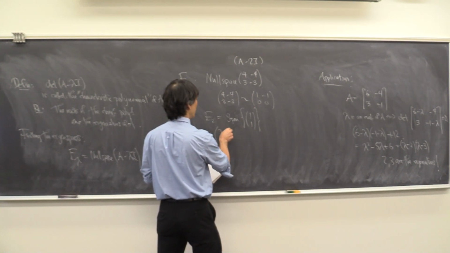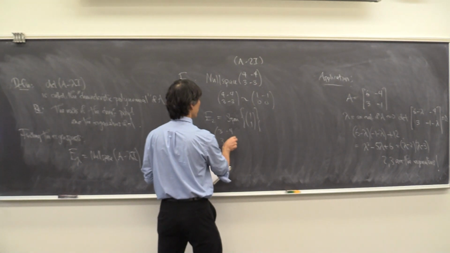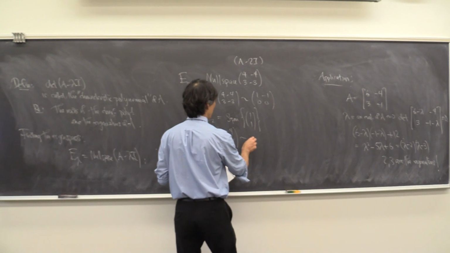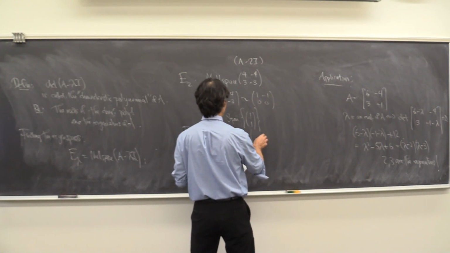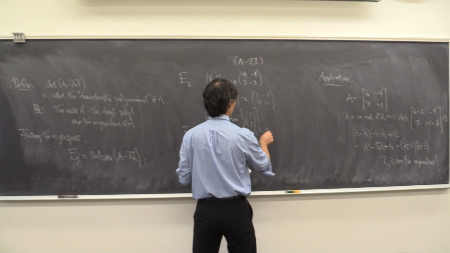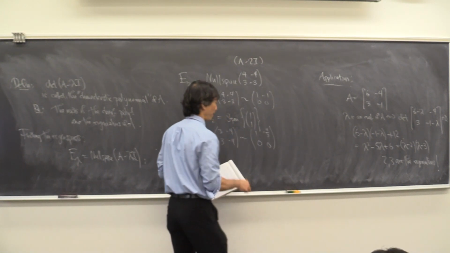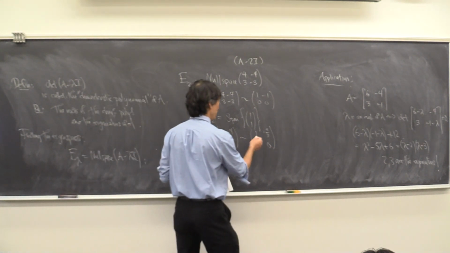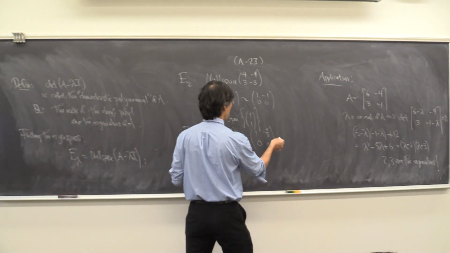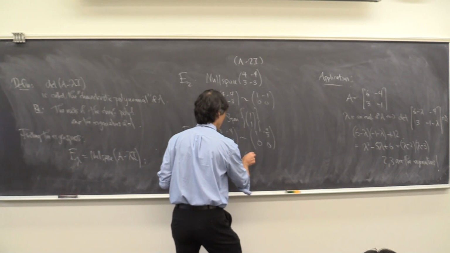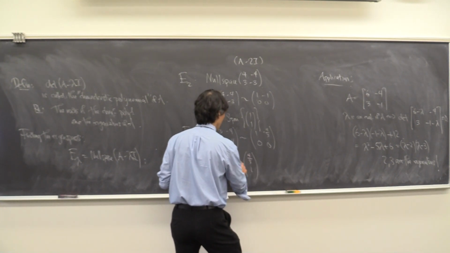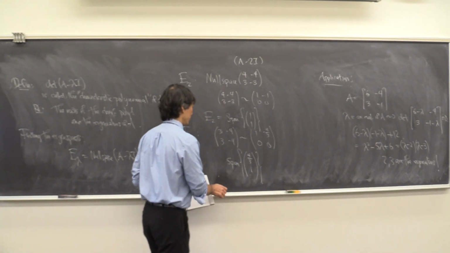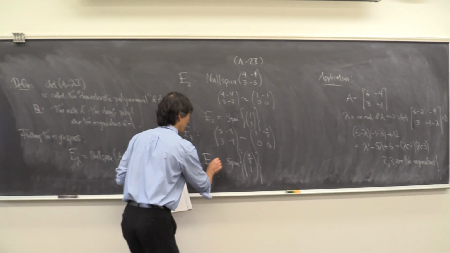So we get 3, -4, 3, -4, which is the same thing as 1, -4/3, 0, 0. So the first entry is going to have to be 4/3 of the second. So you have (4/3, 1), and E3 is this span.